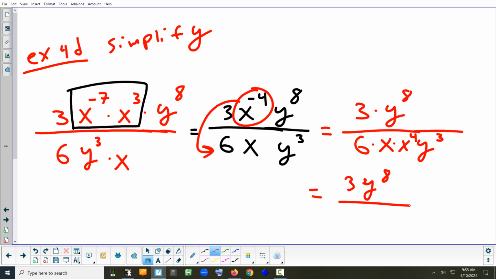Now, is there anything in the bottom that can be combined together? The x's, because now we have them next to each other. What's x to the 1st times x to the 4th? x to the 5th. Remember, we add the 1 plus 4 and we get 5.